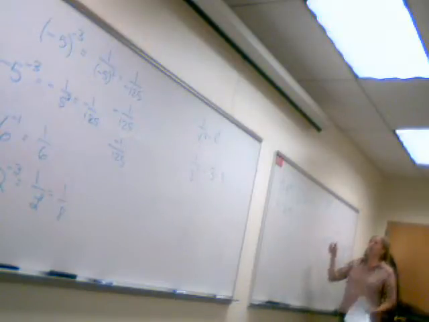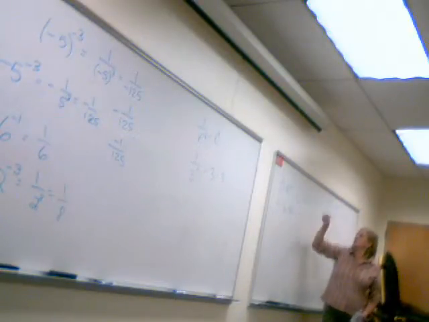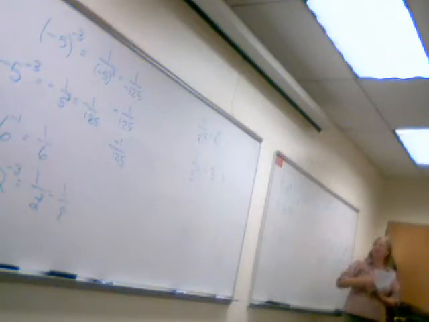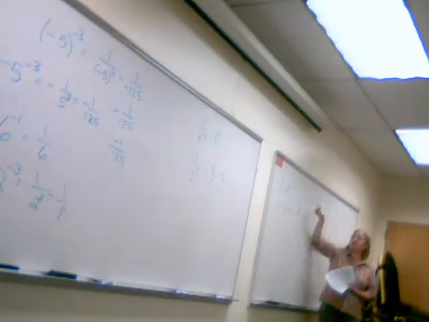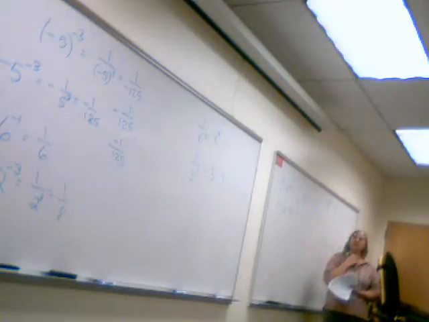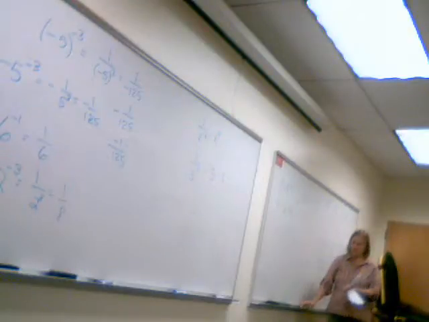Because you're not multiplying the terms. You can't add exponents when you're adding the bases. Adding the exponents only works when you're multiplying.